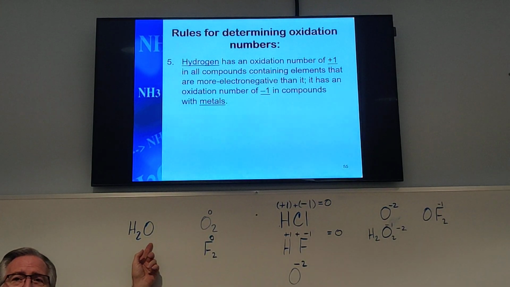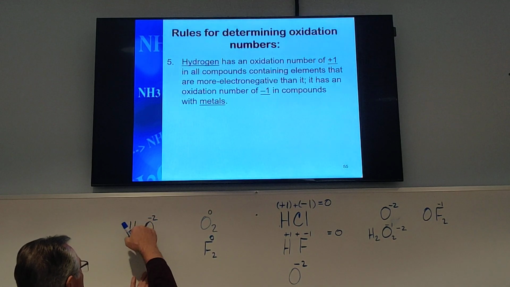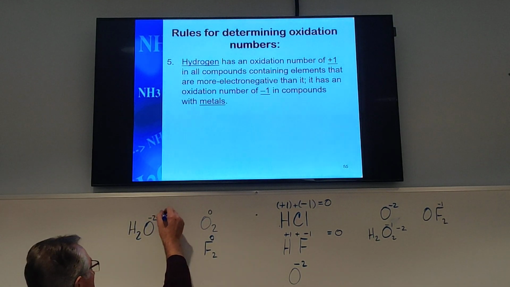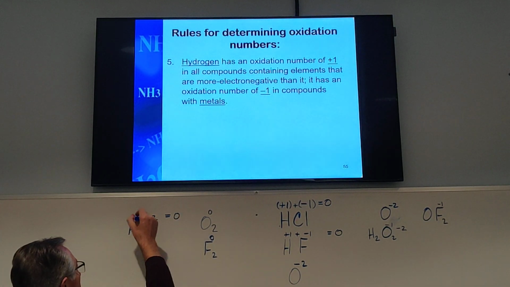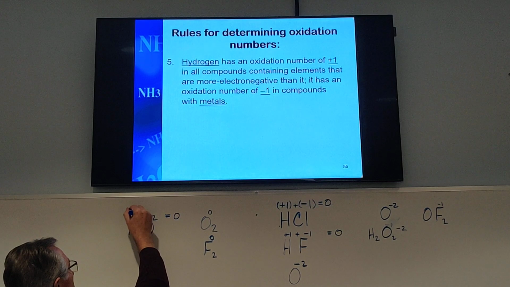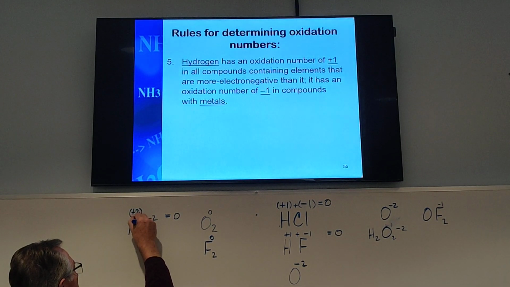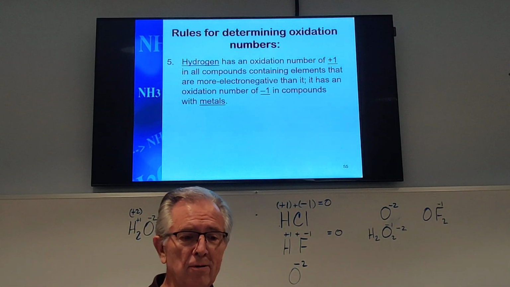We've already covered that one. What oxidation number does oxygen have most of the time? -2, okay? So that means each hydrogen is going to have what oxidation number so that it'll add up to 0? Together it's +2. Okay, so each one then is going to have an oxidation number of +1. That matches what it says in our rule here.